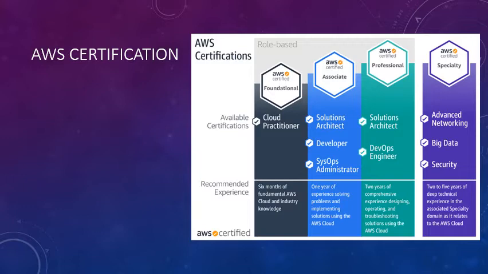I can't really talk about Developer because I haven't done it, but I think it's pretty similar. There's a lot of information you need to know, but not at a lot of depth in SysOps Administrator and Solutions Architect Associate at least. But for both of those, I think some hands-on knowledge is really important too. So just so you know that.